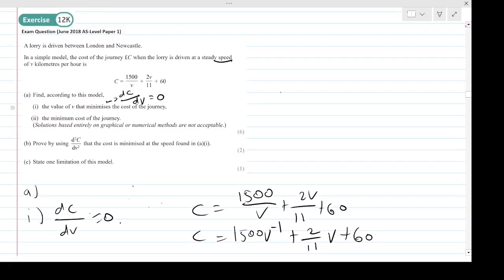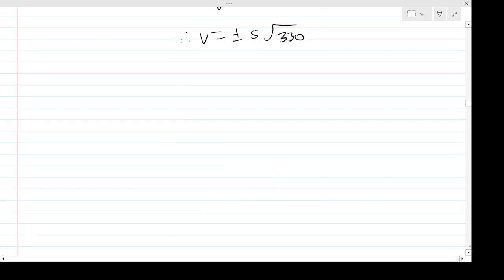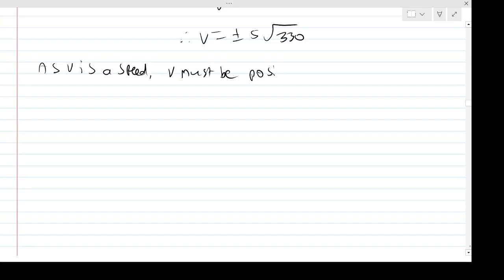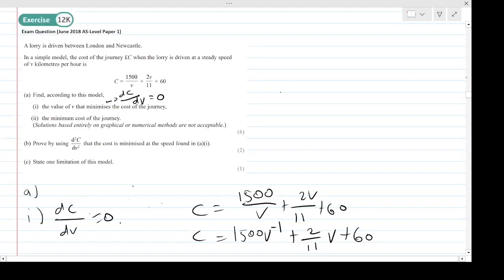Think about it: if you're driving, you can't really do negative kilometers per hour or miles per hour. As v is a speed, v must be positive. So v equals 5 root 330 kilometers per hour. So that's the value of v.